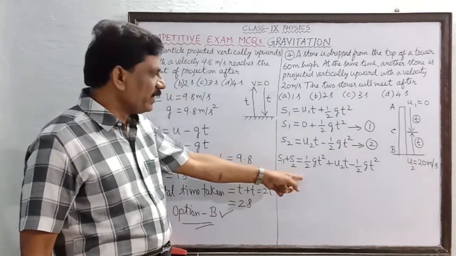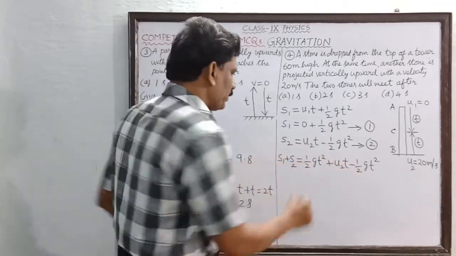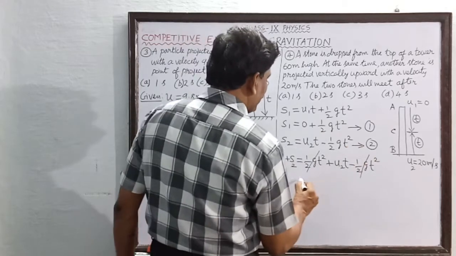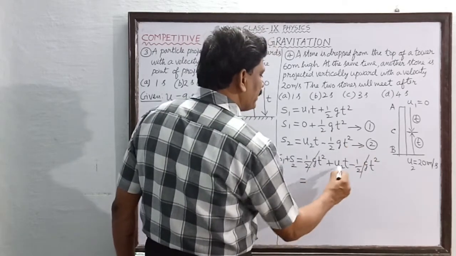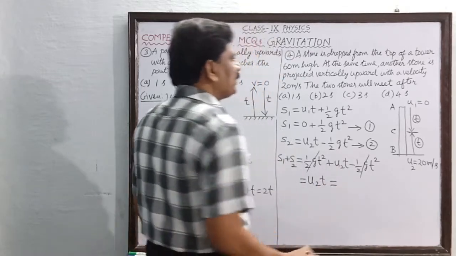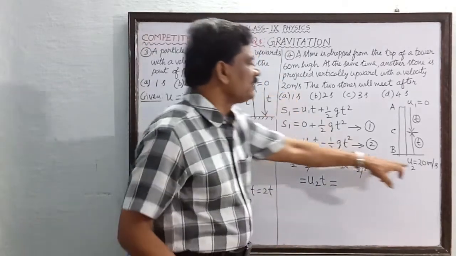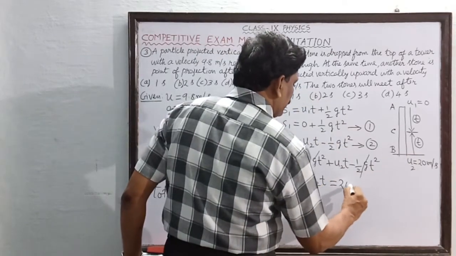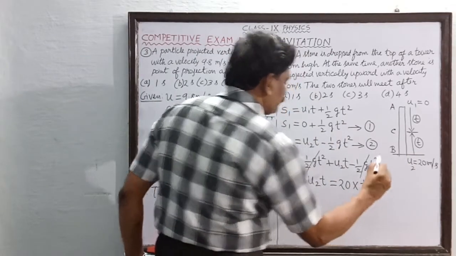Yes, half g t square is cancelled with the minus half g t square. So what is remaining? S1 plus S2 is equal to U2 into T. What is the value of U2 given here? 20 meters per second. So this is equal to 20 into T.